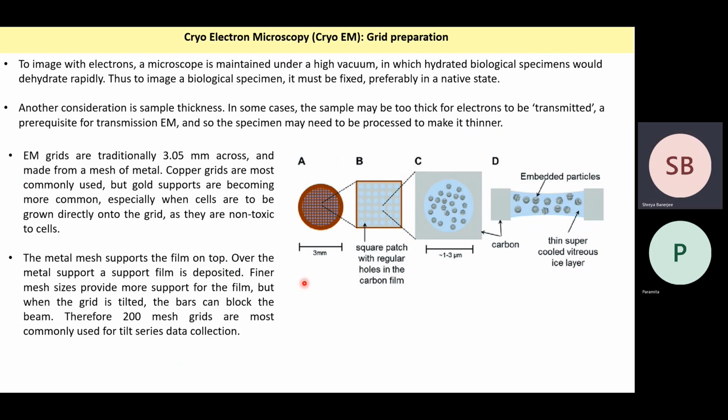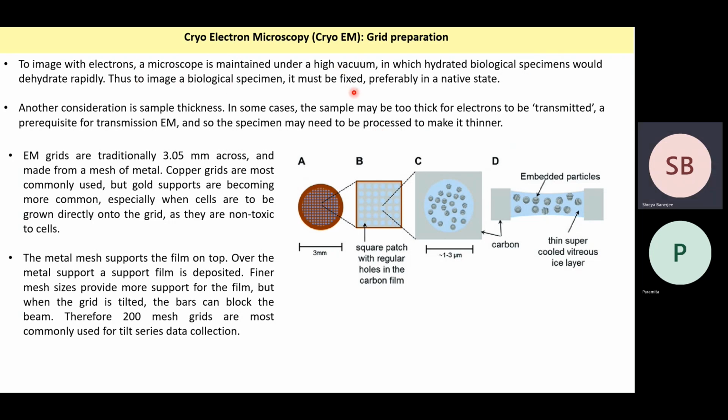The second step of the cryo-electron microscopy, once the sample has been purified and homogenized, is called grid preparation. So to image with electrons, a microscope is maintained under a high vacuum in which the hydrated biological specimens would dehydrate rapidly.